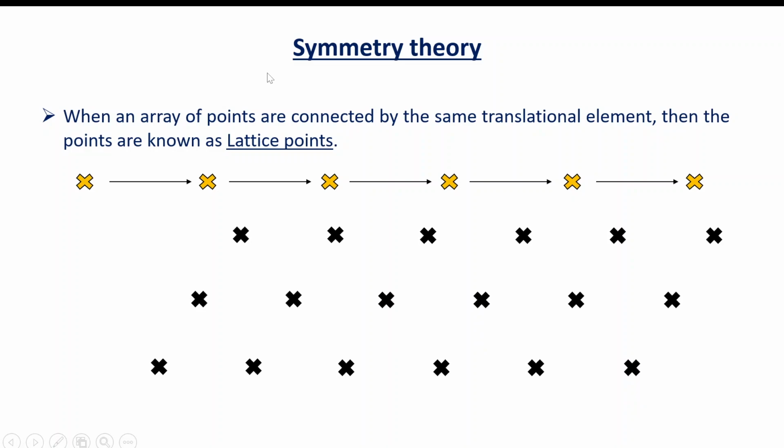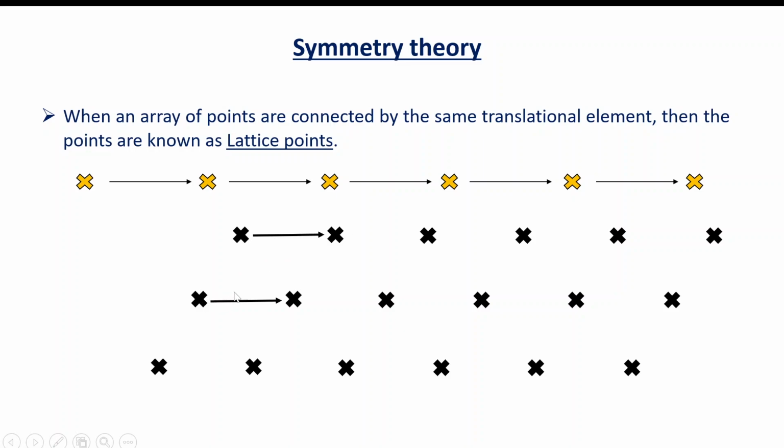Now if I think of several lattice points like this, arranged over a space and defining a net-like structure, it is referred to as a lattice net. In that, if I think about the translation from left to right, I can say you have this translation.